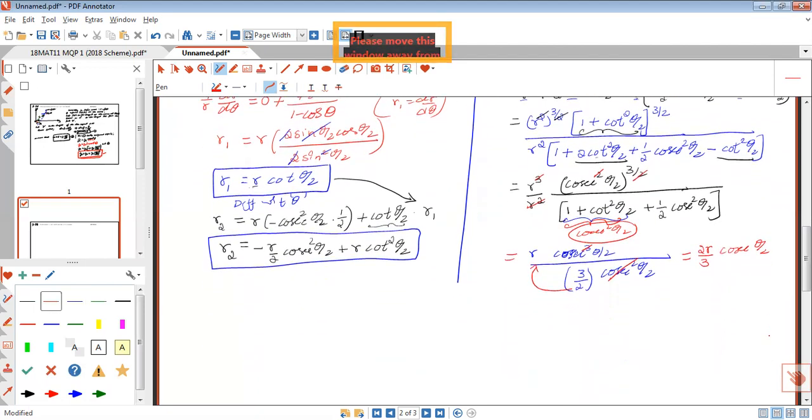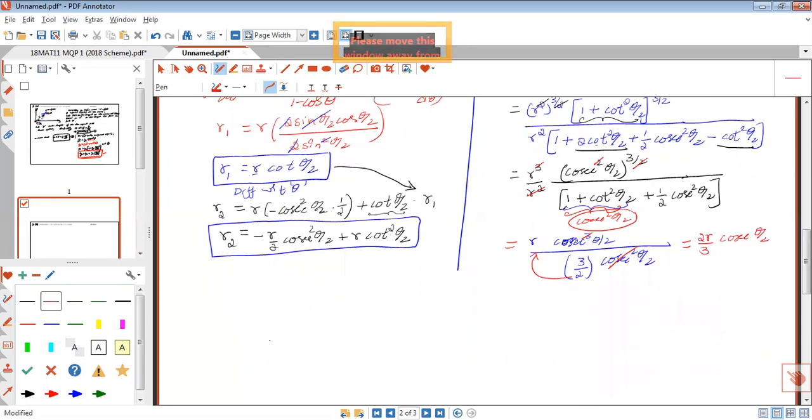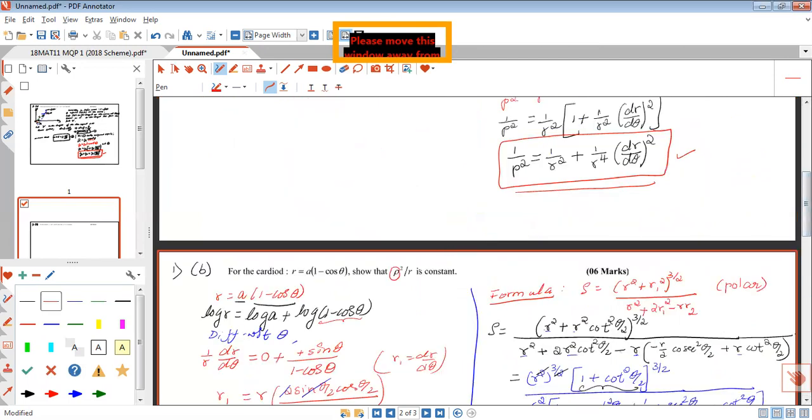Further, we have rho is equal to, or you can take rho square, that's better. Rho is equal to 2r by 3 cosec theta by 2. Rho square is equal to 4 by 9 squaring, because we want to prove that rho square divided by r is a constant.